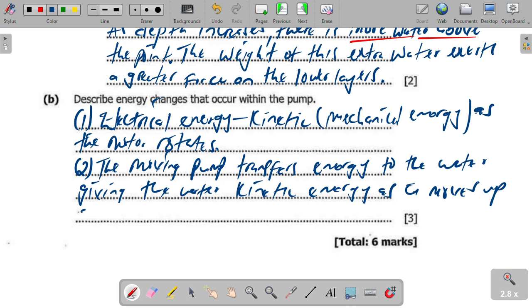And you can also say some energy is also transformed into sound energy and heat energy.